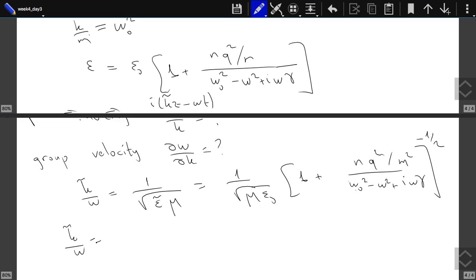Most of the time the deviation from 1 will be small. So in that assumption that this number is small, we can just make a Taylor expansion of this thing.